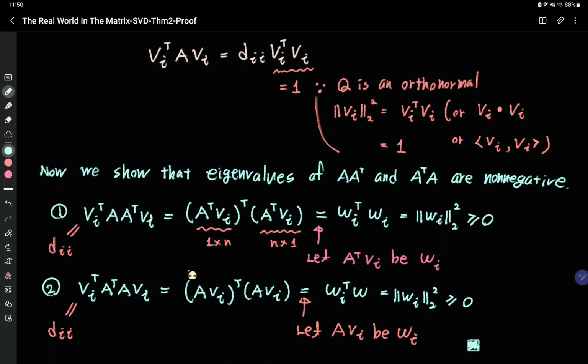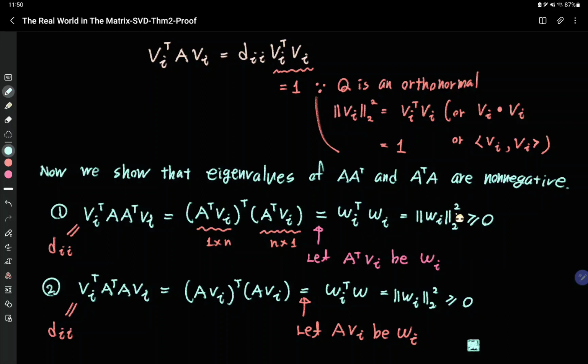So that means, saying this is a column vector wi, this is also wi transpose. Here 1 by n includes the transpose; when we transpose this one, we get 1 by n. So this is a dot product, which means the square of the L2 norm of wi.